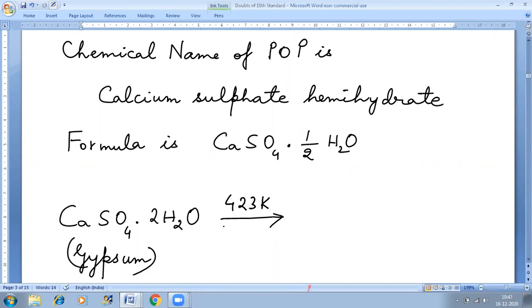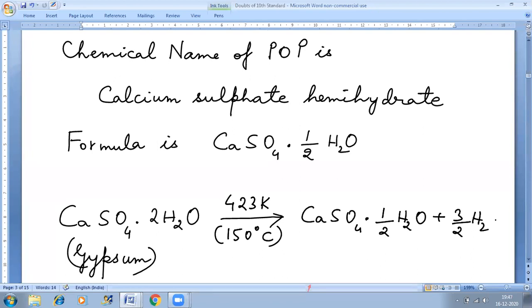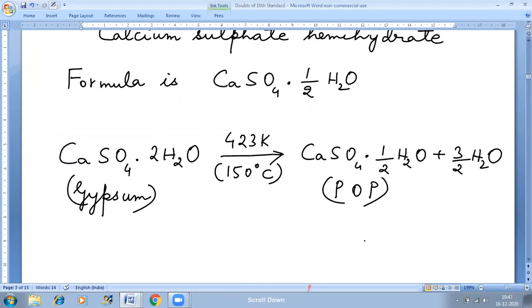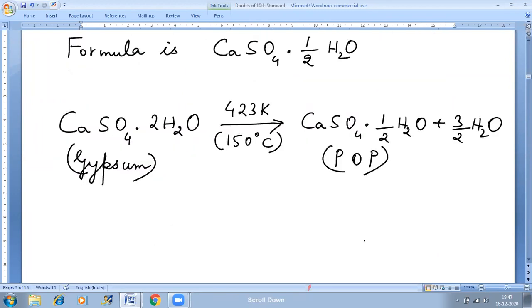That means approximately how much? 150 degrees Celsius. If you do that, you get plaster of Paris as the product. So plaster of Paris is obtained and the remaining thing goes out as water vapors. So this is POP. POP is obtained in this way, that is by heating gypsum.